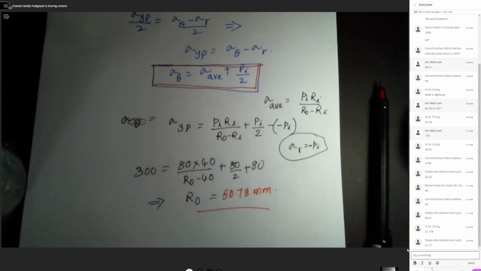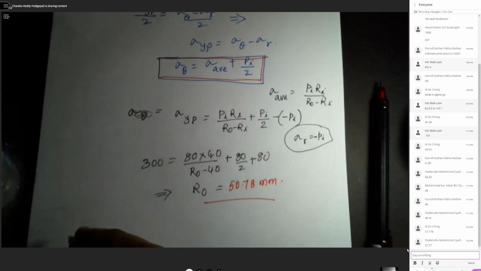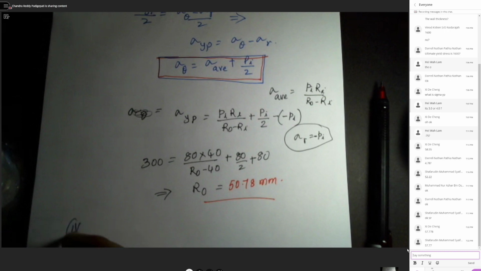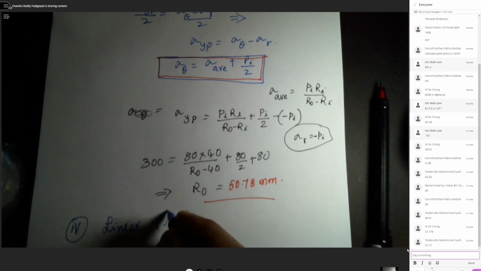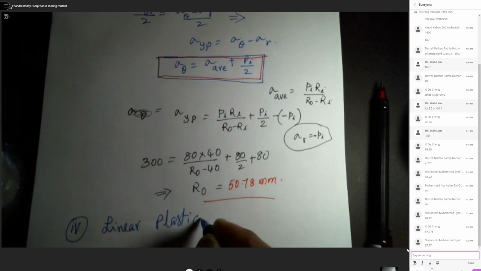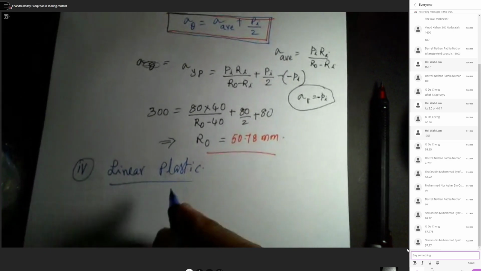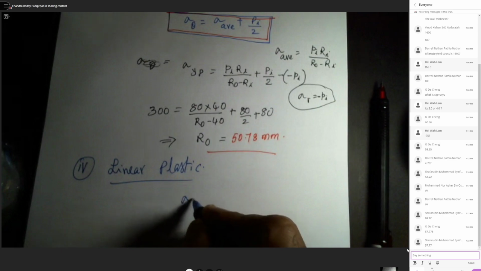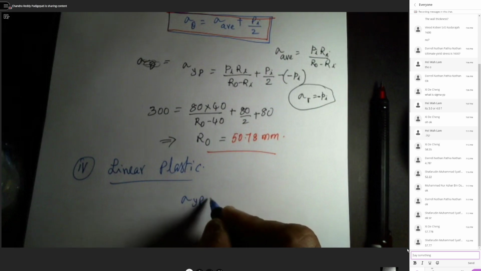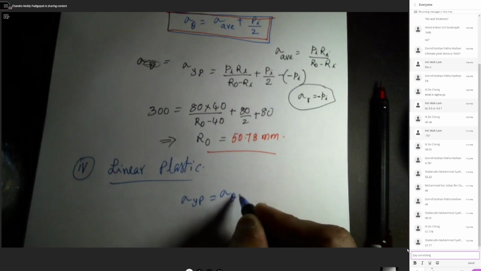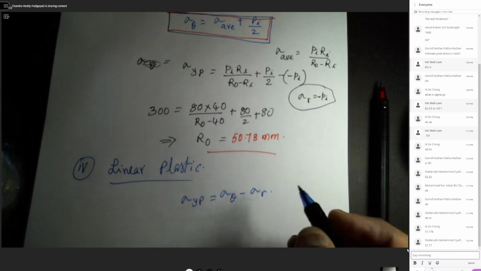Then the next part will be the linear plastic. For linear plastic, we can write again the same thing: sigma yp will be sigma theta minus sigma r.